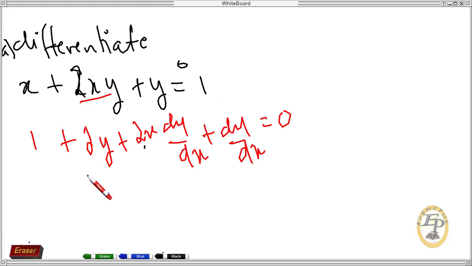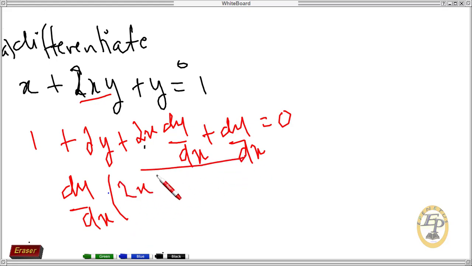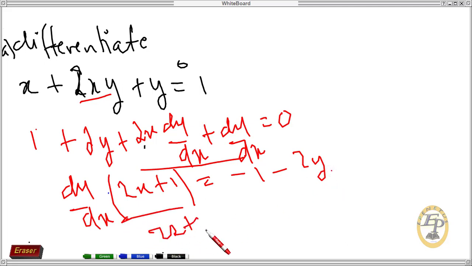Therefore in the next step, if we take dy/dx as a common factor on these two, we are going to have (2x plus 1) dy/dx is equal to, we take 1 this side, over minus 1 minus 2y. Then we divide both sides by 2x plus 1.